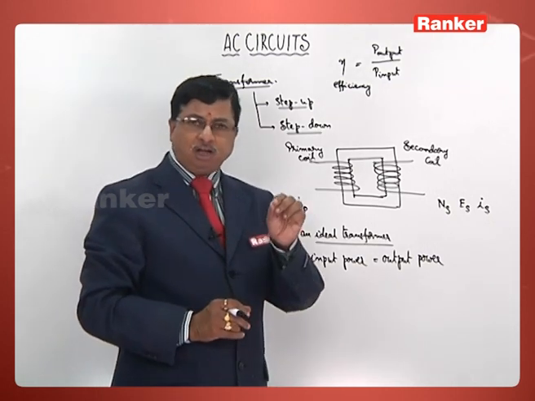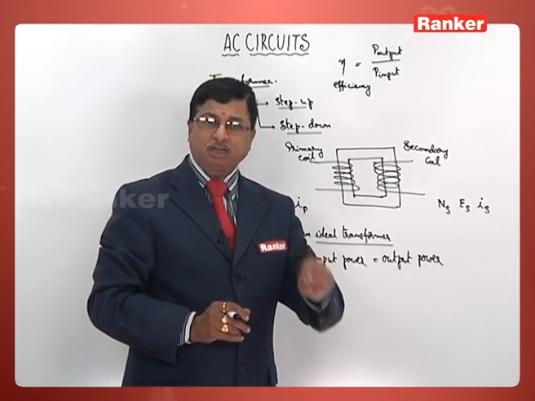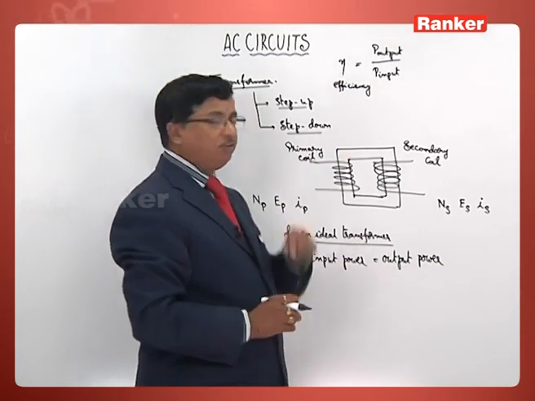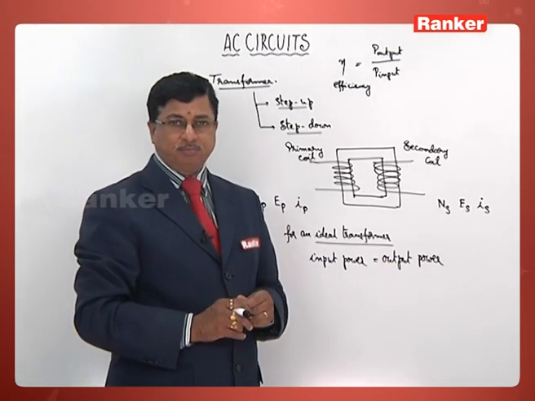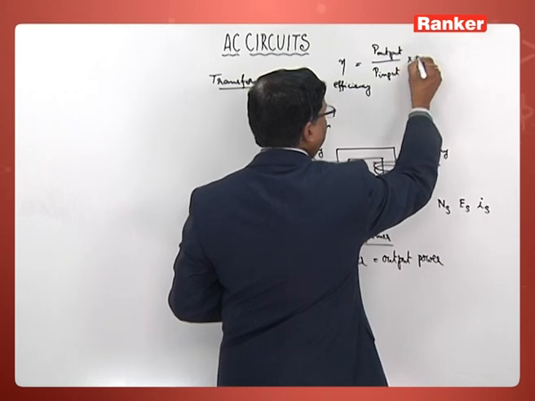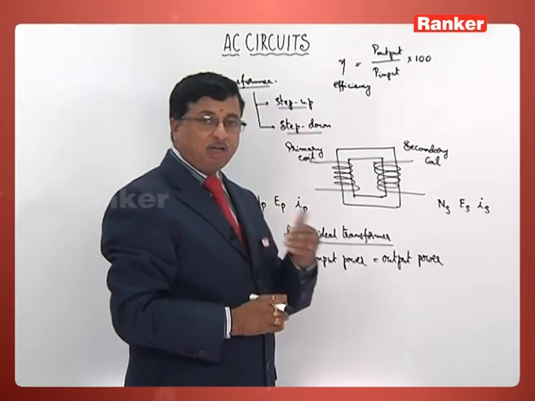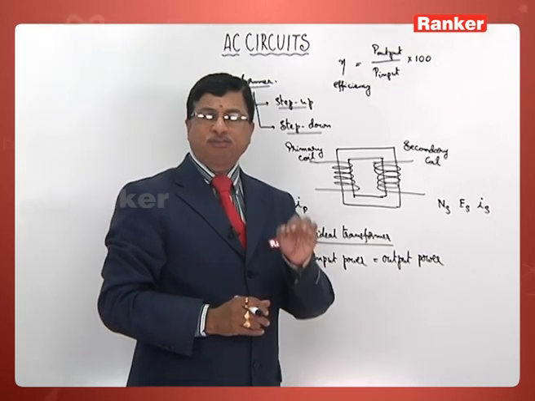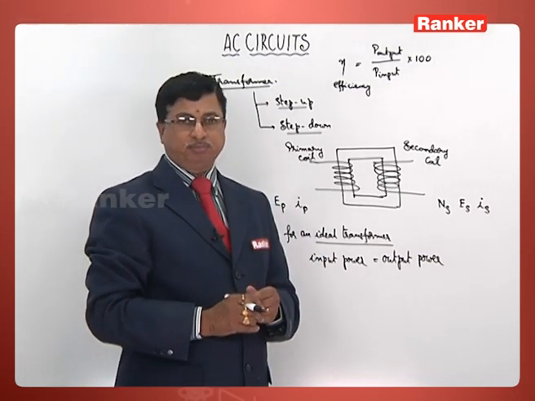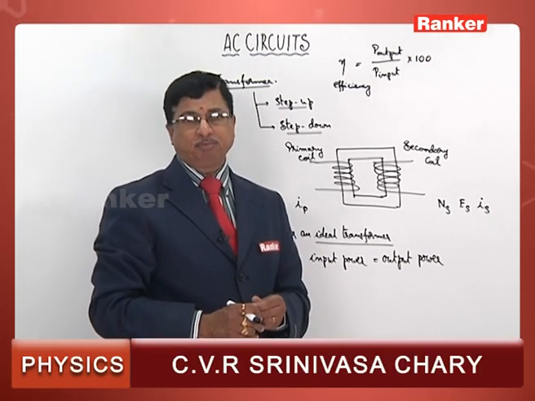But for an ideal transformer, since power output and input are numerically equal, efficiency becomes 1. In terms of percentage, if we multiply by 100, that transformer is going to have 100% efficiency.